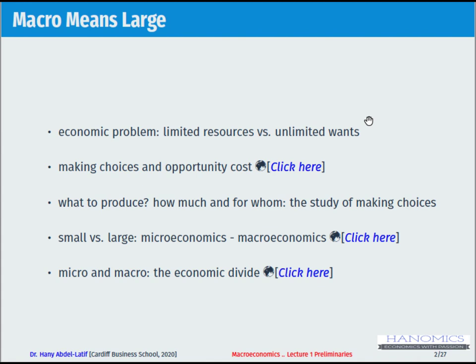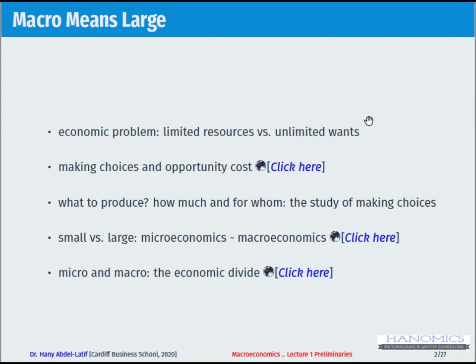Or you probably looked at a single firm, under what market conditions they operate, and how they're going to use their limited resources to maximize their profits. So that was at the micro level, at the small level.